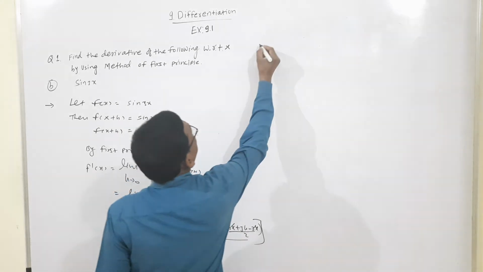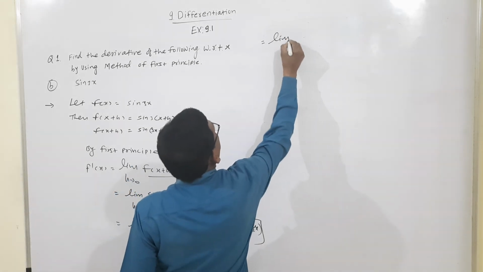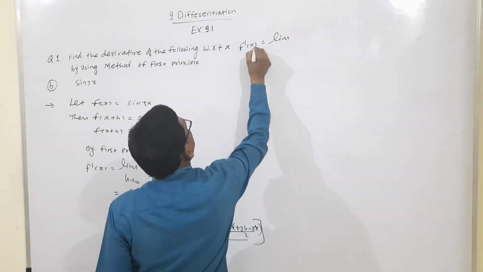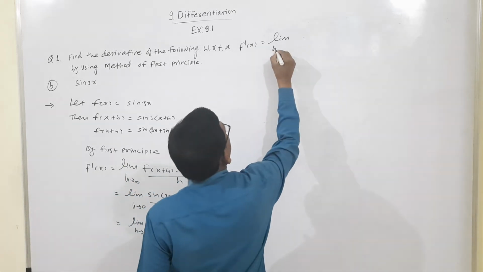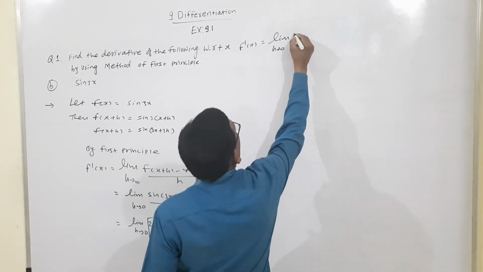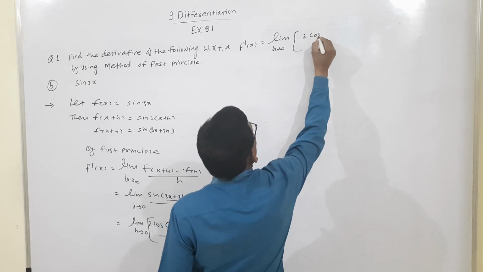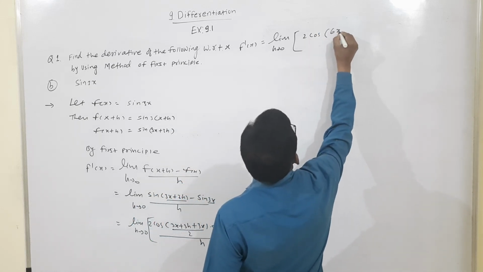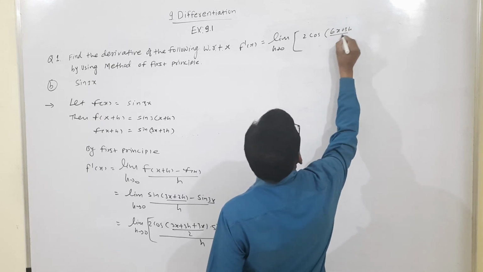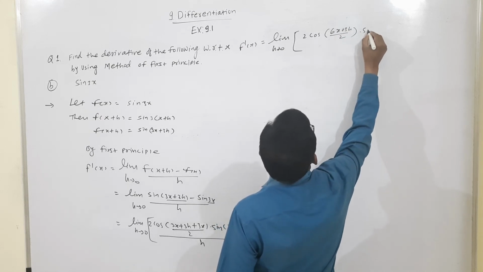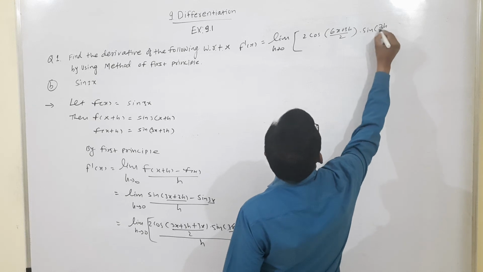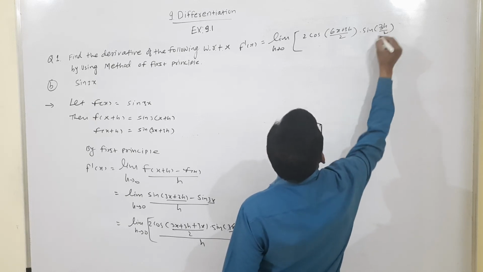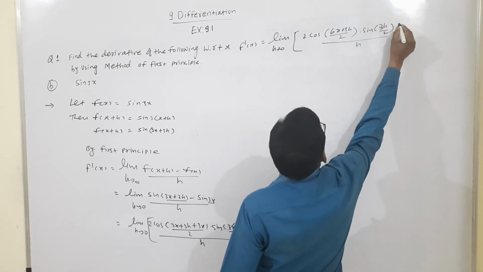So f dash x is equal to limit as h tends to 0, 2 cos of (6x plus 3h) by 2, into sine of 3h by 2, whole divided by h.